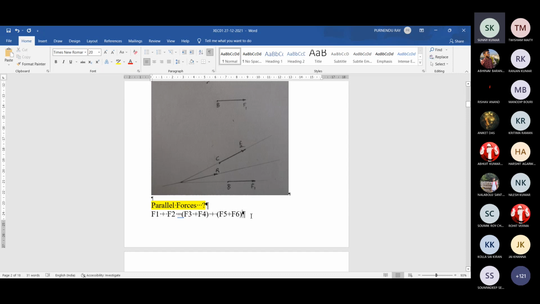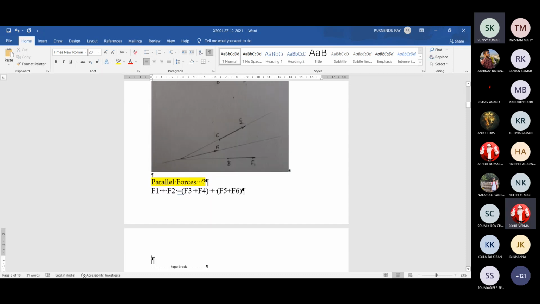F3 plus F6. So F4 and F5 are equal and opposite to each other. Done.